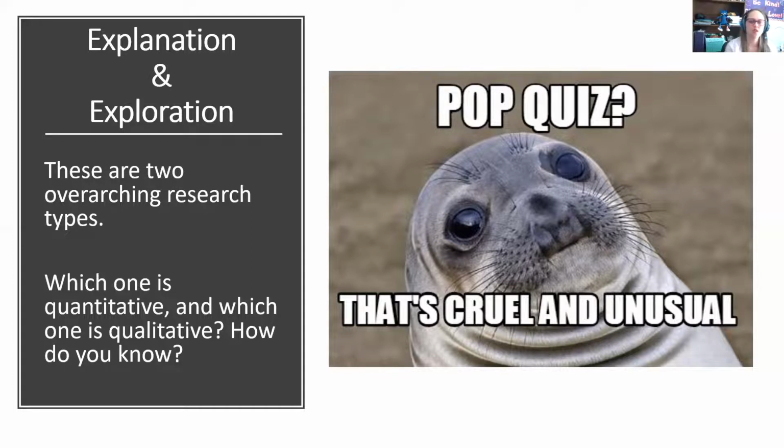Whenever you're doing a quantitative study, you're trying to explain a phenomenon, maybe a cause or effect. And for the qualitative exploration, you're exploring and you're trying to find out something. So it's not necessarily a cause and effect, it's more of an exploration of learning something.